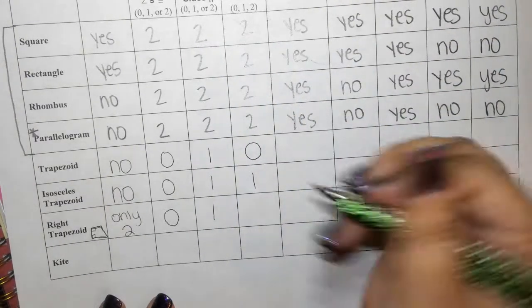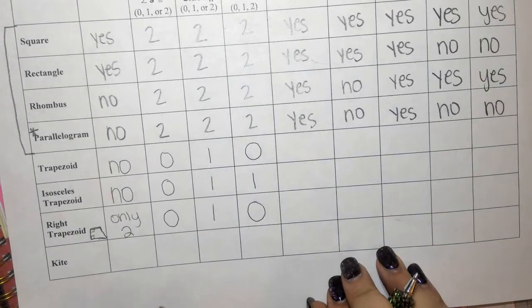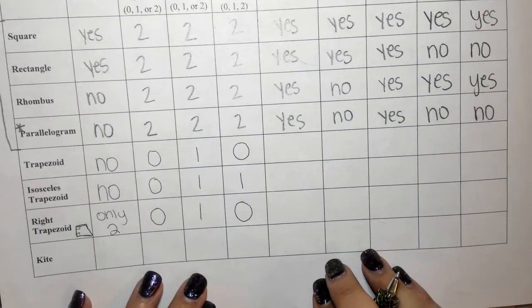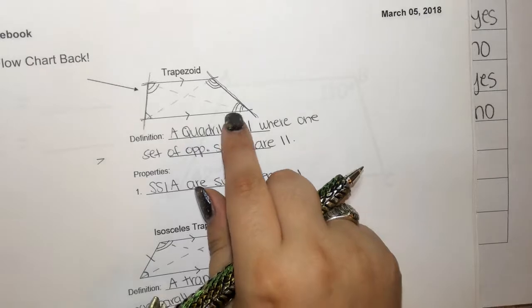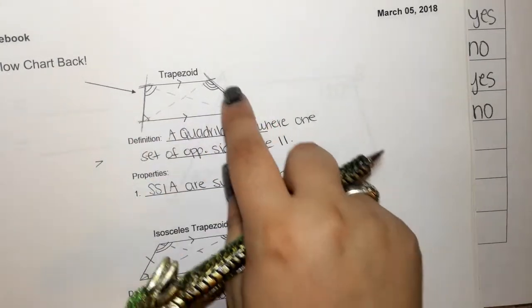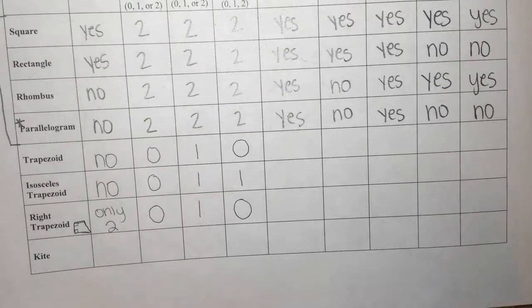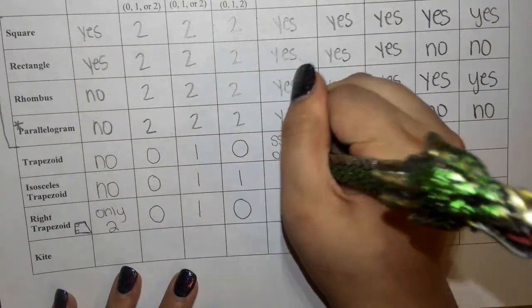What about for a right? Consecutive angles supplementary. Okay. Are these angles going to be supplementary? No. But are these? Yes. So this is going to be SSIA only.